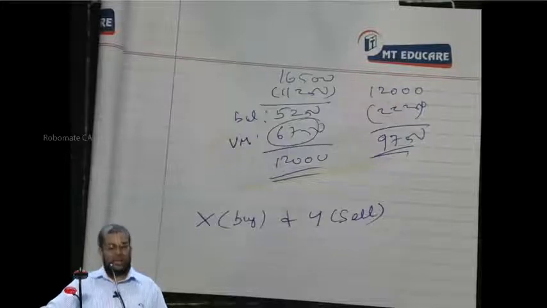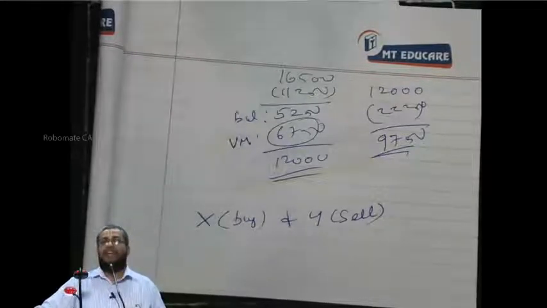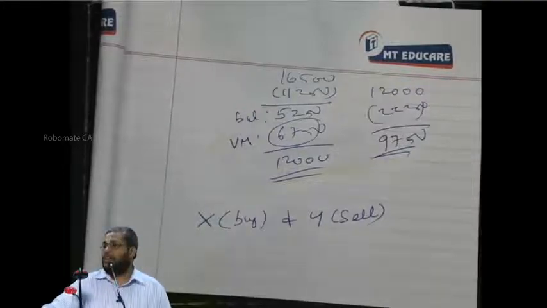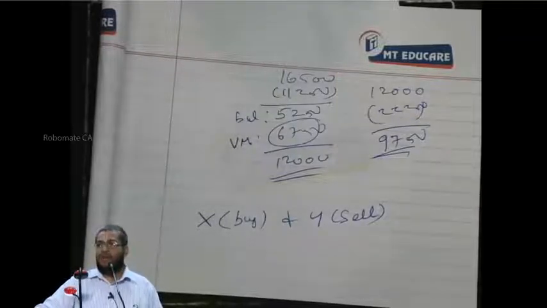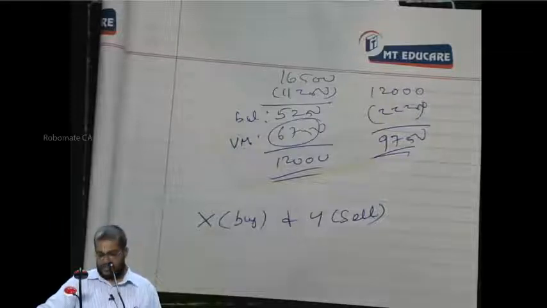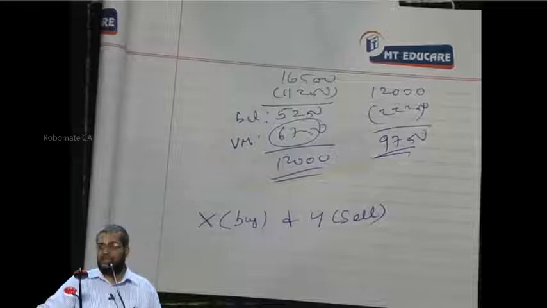The exchange acts as counterparty to both. It is seller for X and buyer for Y. Can I proceed? Point number 1 or 2?